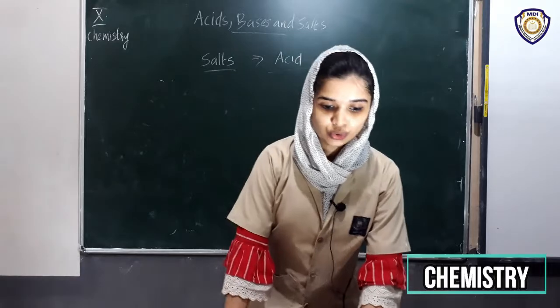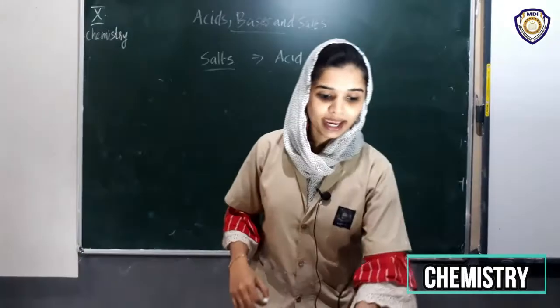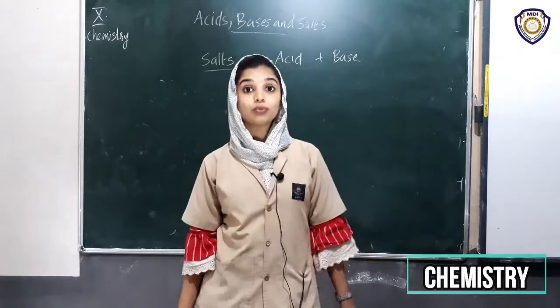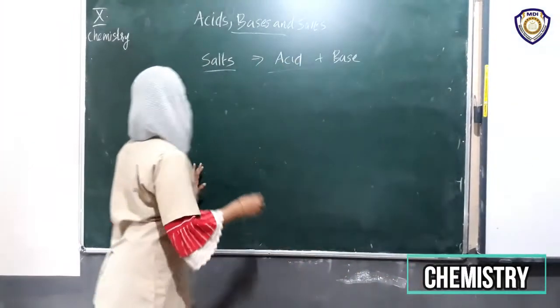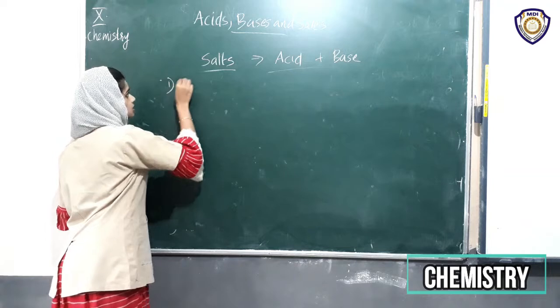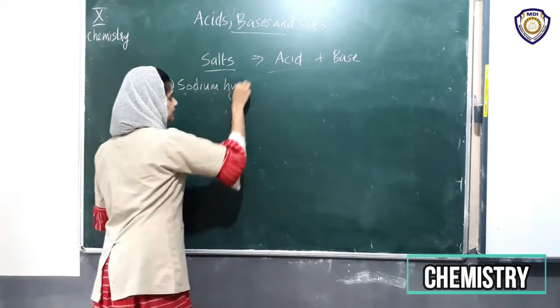NaCl is a raw material to prepare some chemicals. The main chemicals that we make using NaCl are, first, sodium hydroxide.